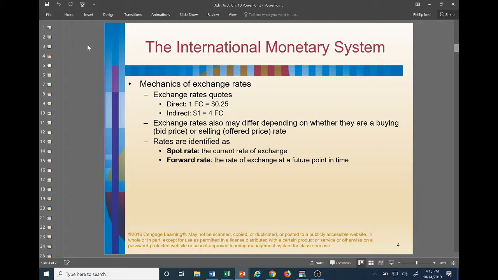So as you can see here, they're just complete opposites. One's direct and one's indirect. 25 cents is the value of 1 foreign currency. So $1 is going to equal 4 foreign currencies. So the strengthening currency would be evidenced by a reduction in the directly quoted amount and an increase in the indirectly quoted amount.